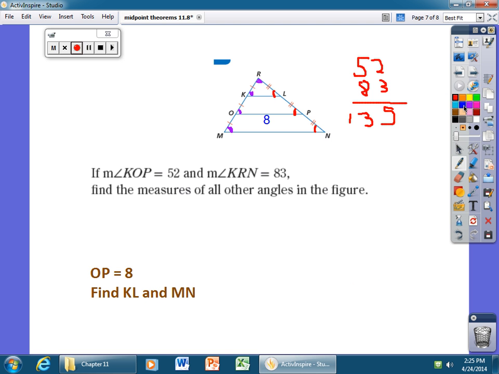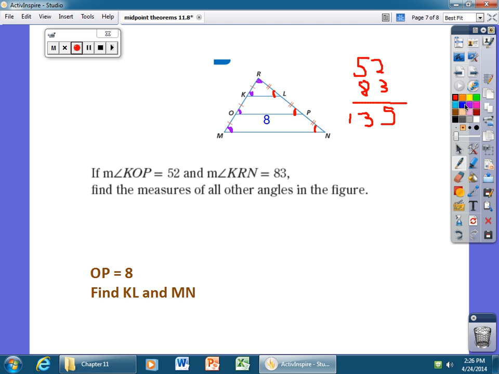Now, the second thing that I want to use on this is the midsegment theorems. One, we're going to use the midsegment theorem of a trapezoid, and the other one we're going to use the midsegment theorem of a triangle. I know that OP is 8, and they want me to find KL and MN.